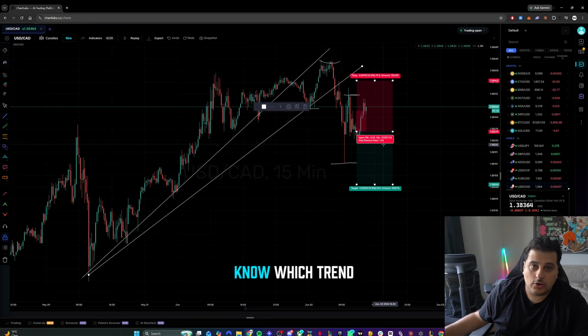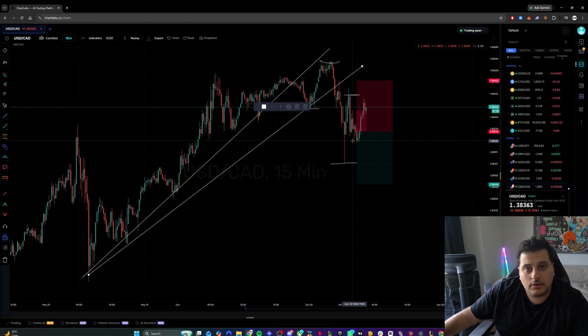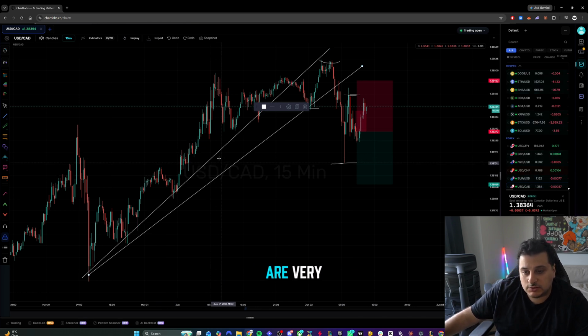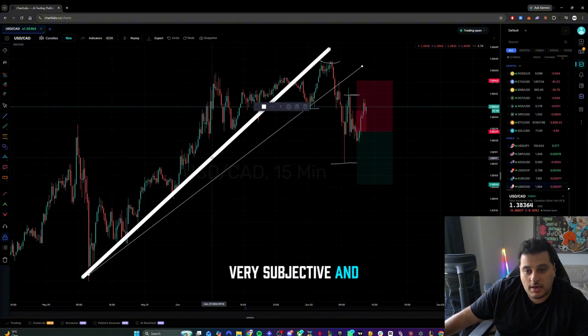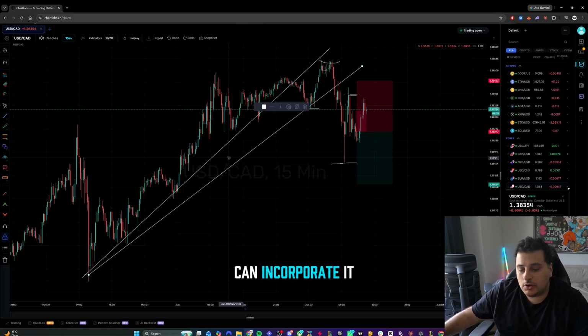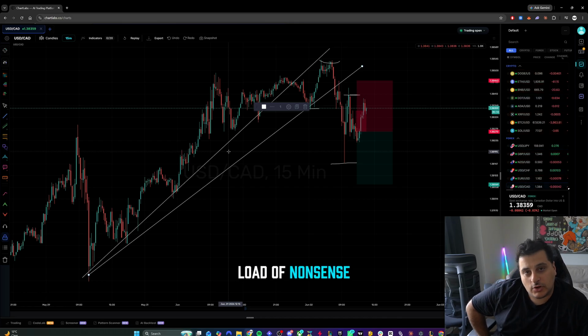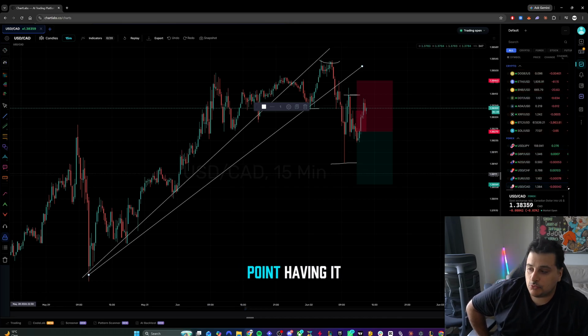You really don't know which trend line is the right one, which is why I just avoid them entirely. I think the trend lines themselves are very, very subjective and should not be used in trading. That's just my opinion. If you guys like trend lines, this seems to work for you, you can incorporate it as well. But I think trend lines are just a load of nonsense, so there's no point having it.